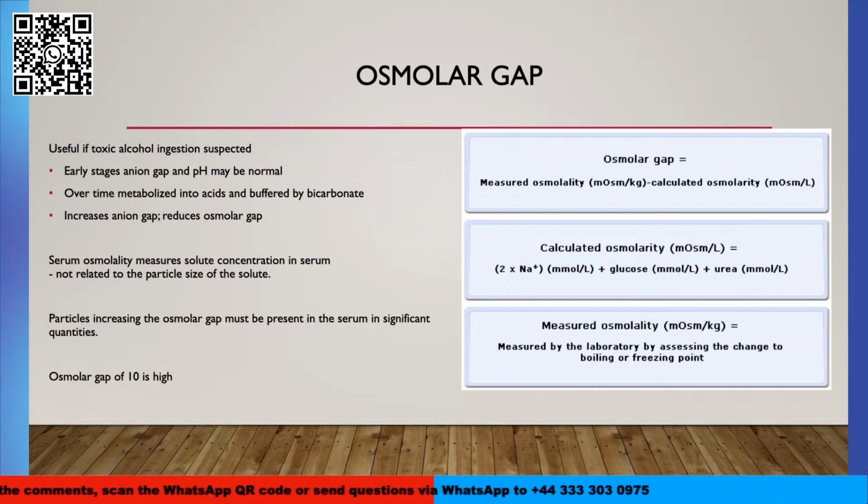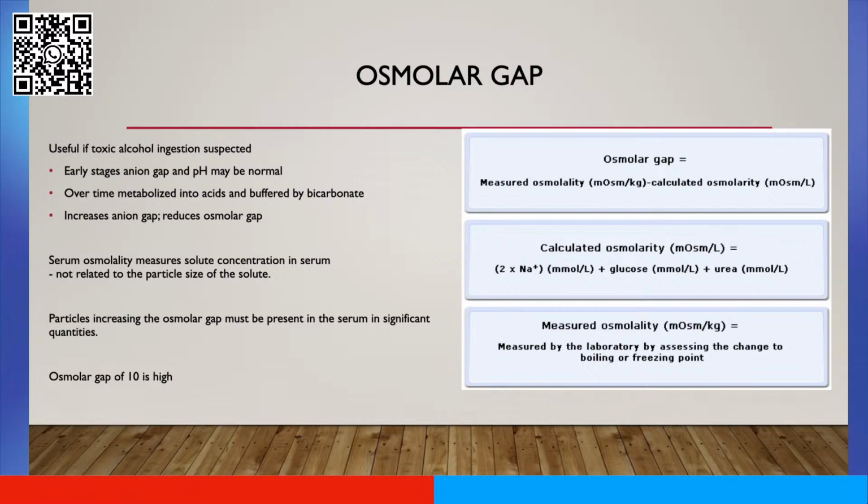Calculating the osmolar gap can be useful if you suspect that your patient may have ingested alcohols. In the early stages, your anion gap and your pH may be normal, but over time it gets metabolized into acids, which is then buffered by bicarbonate. So you then get an increased anion gap, but a reduced osmolar gap.